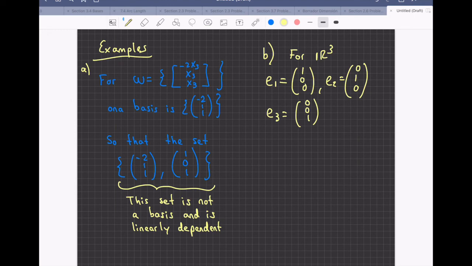If we have this, then e1, e2, e3 is a basis. We know that.